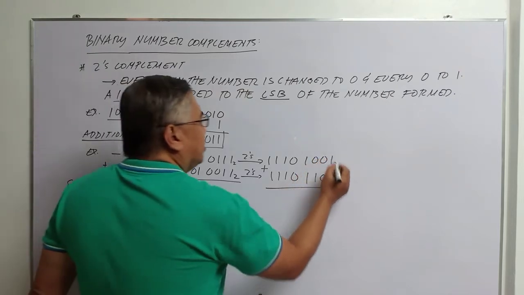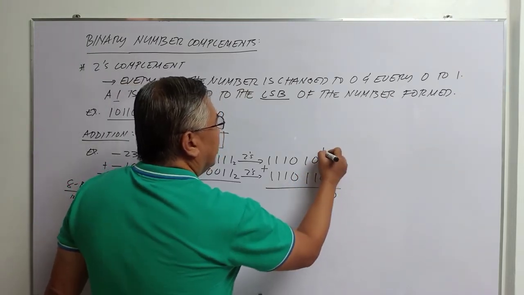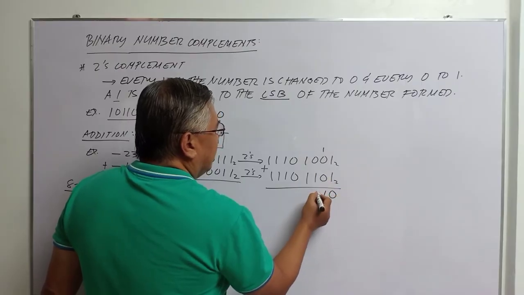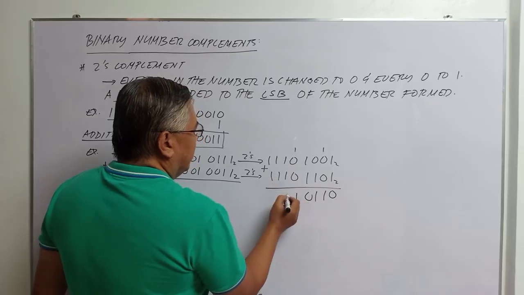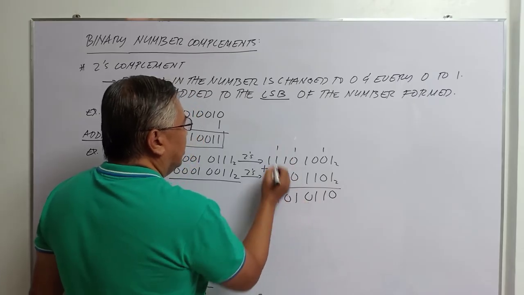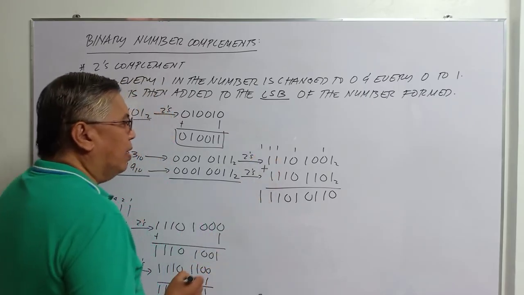So this becomes 1 plus 1 is 0, carry 1, 1, 1, 0, carry 1, 1, 0, carry 1, 1, carry 1, 1, carry 1, bring down 1. Okay?